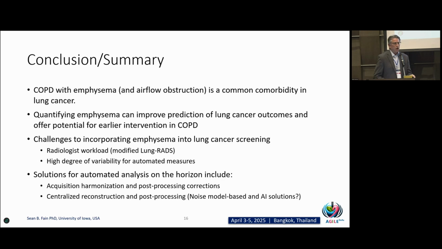And then solutions for automated analysis on the horizon, I think, include acquisition harmonization using the test objects that I talked about, and then perhaps centralized reconstruction and post-processing to noise model and correct for sources of variability using potential AI solutions.